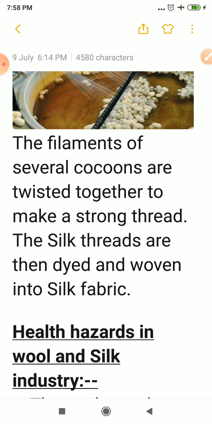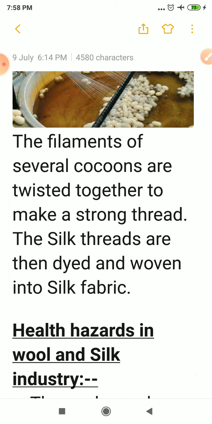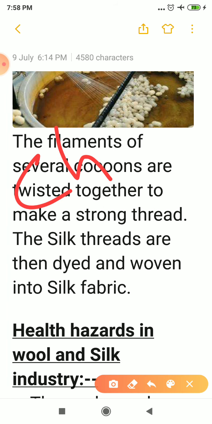In your textbook, you will find a story about how silk was first obtained. Silk was first obtained in China. There is a story behind it. The queen was sitting in the garden. There was a mulberry tree there.